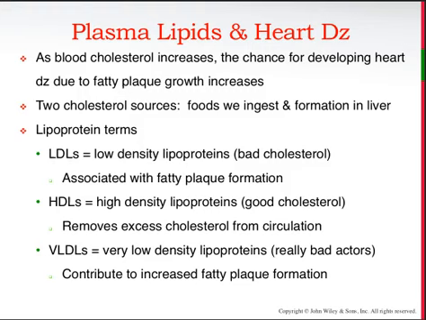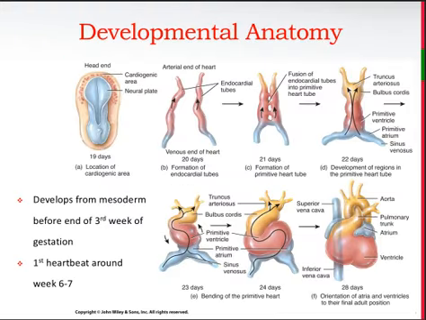They actually act like dump trucks, going along and removing excess cholesterol from circulation. So we love those HDLs to be high because they're out there scooping up any excess cholesterol. And then the really, really bad actors are the VLDLs, the very low density lipoproteins. And these guys are very notorious for fatty plaque formation.